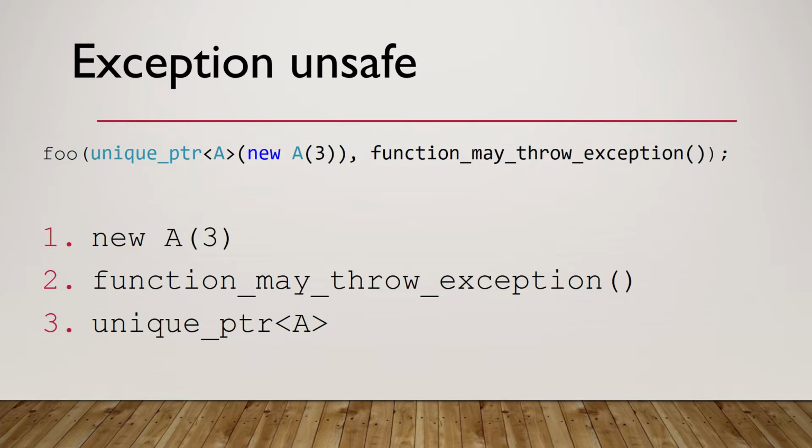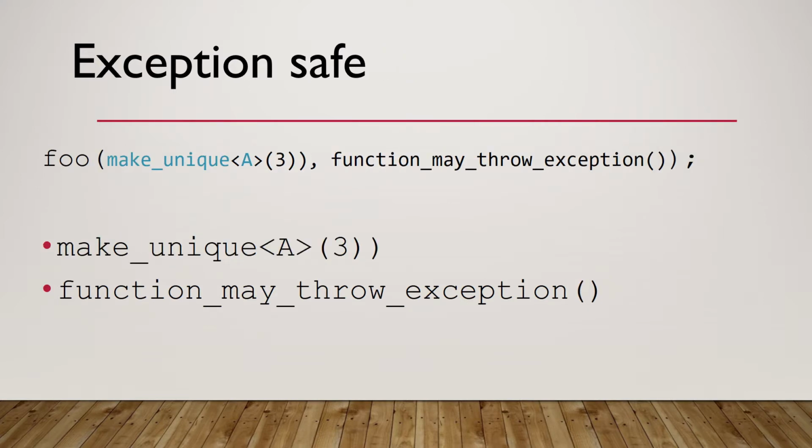Second, the function that may throw an exception. Third, unique pointer of type A. If in the second step the function actually throws an exception, then the newly created pointer to class A will not be deleted, since the unique pointer wrapper has not been created. The result is a memory leak. This is known as exception unsafe.